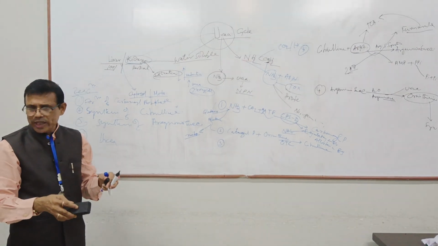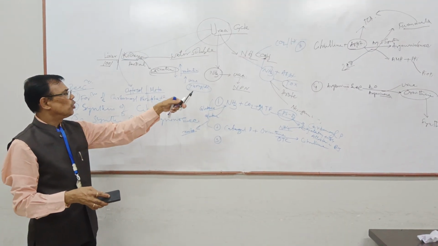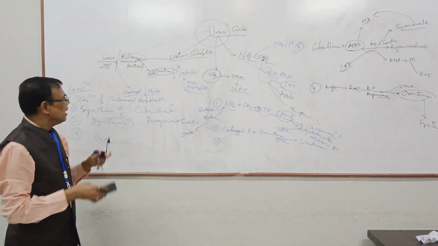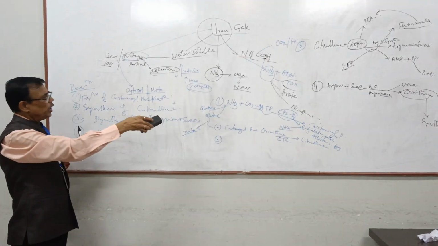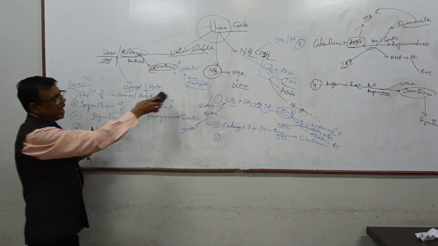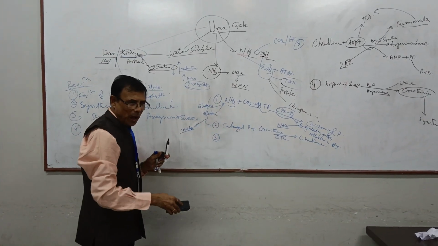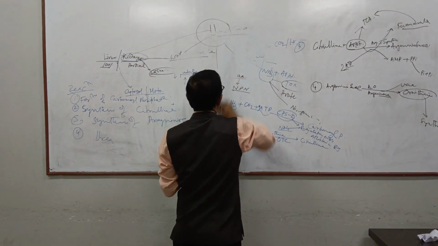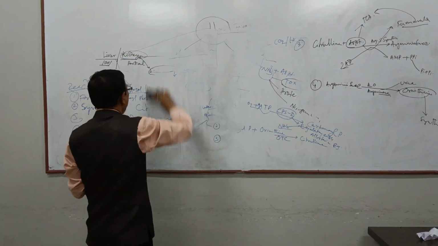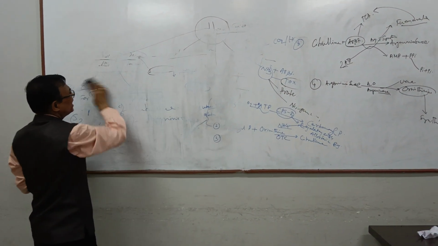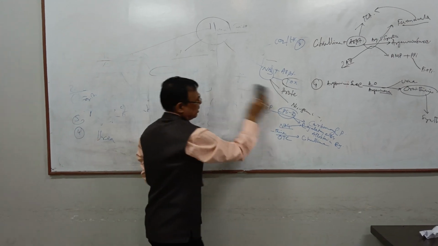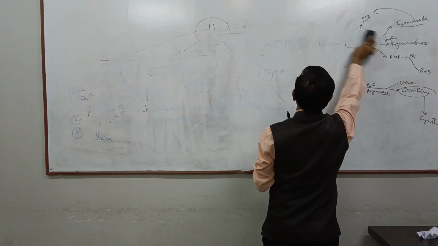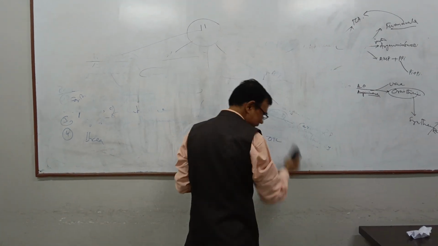For detoxification, it will come into the liver, and through the following four steps of reaction, it will be converted into urea. So I will summarize that cycle. It is a cyclic way of reuse, that's why it is called the urea cycle.